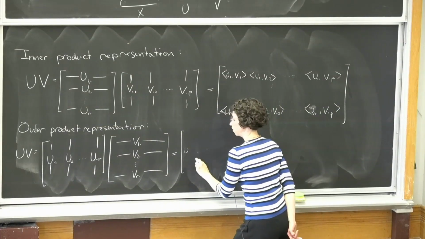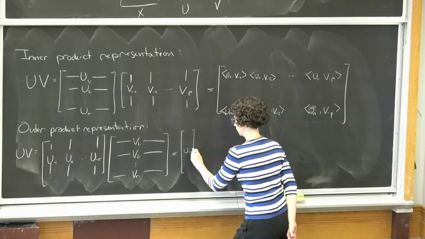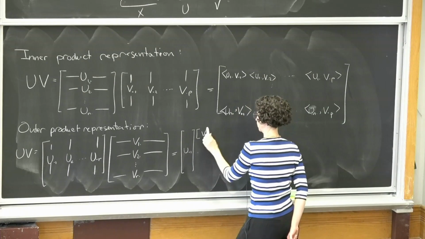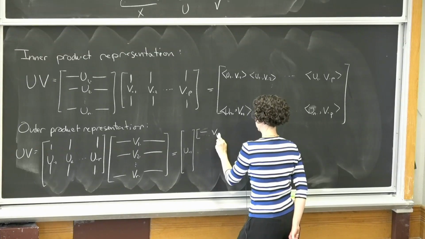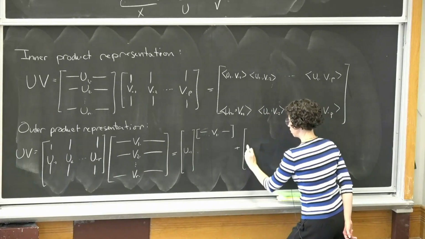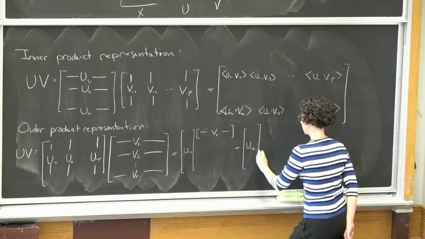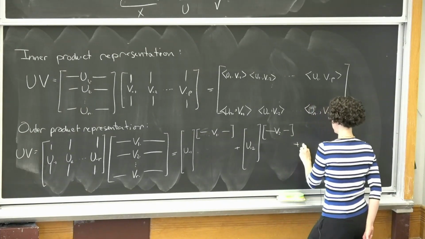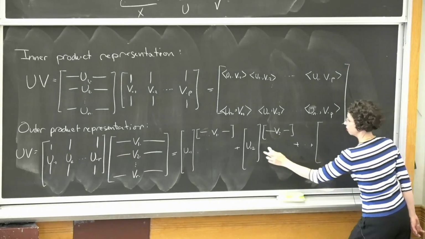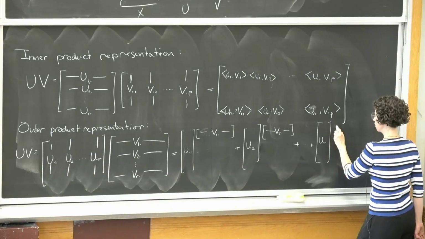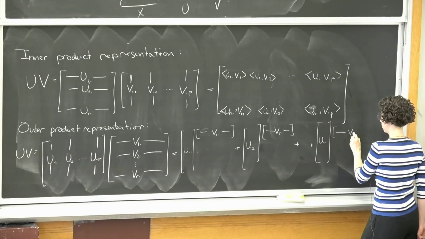So I'm going to have the product U dot 1 times this row V1 dot, and then that gets added to U dot 2 times V2 dot, all the way to r. So I've got now the rth column of U times the rth row of V.